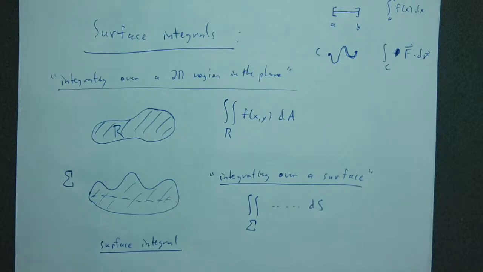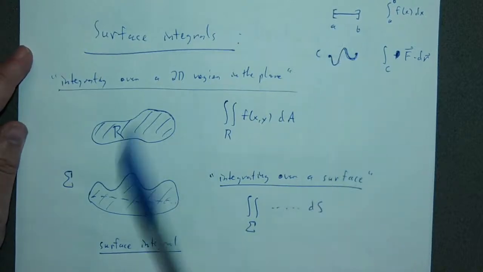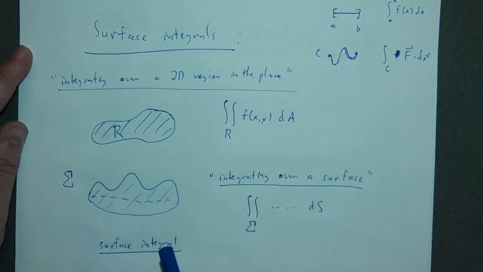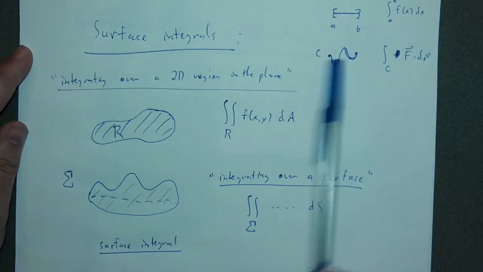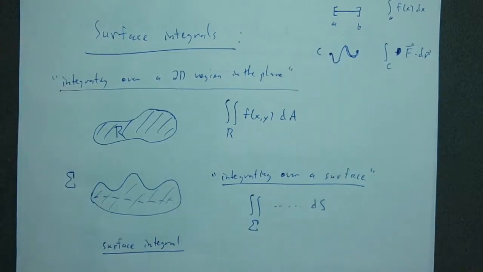And so I want to integrate over this two-dimensional object in the same way that an interval, if I ruffle it up a little bit, is this curve, right? That, again, you might think of as sitting in two dimensions. It does sit in two dimensions, but it's still a one-dimensional object. So this surface integral is going to be a notion of integrating over a thing that looks like this.